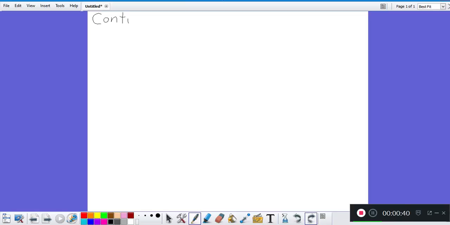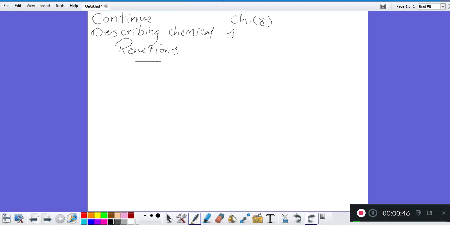So today we are going to talk about describing a chemical reaction, chapter 8, section 1. And as I told you before, the chemical equation definition is so important, and on page 252 you will find a table. The table contains the symbols used in a chemical equation.